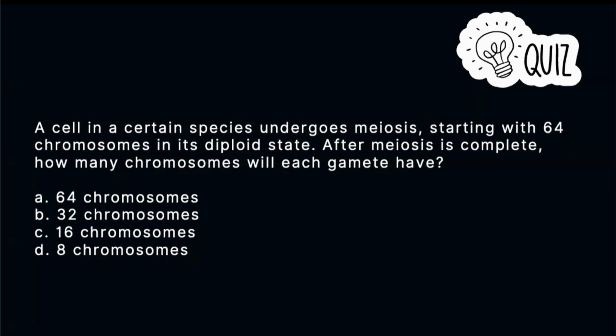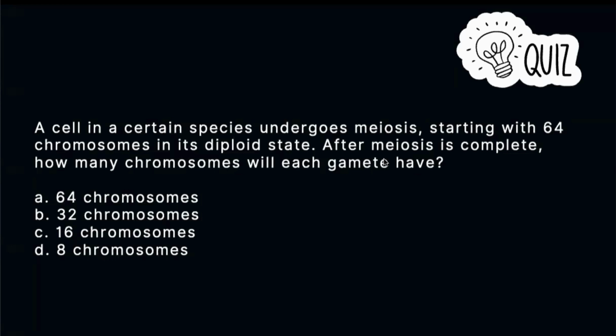So the question firstly states: a cell in a certain species undergoes meiosis, starting with 64 chromosomes in its diploid state. After meiosis is complete, how many chromosomes will each gamete have? Well, first of all, they let you know that they're talking about gametes. Remember, gametes are not somatic cells, which means that they're going to be haploid, right?